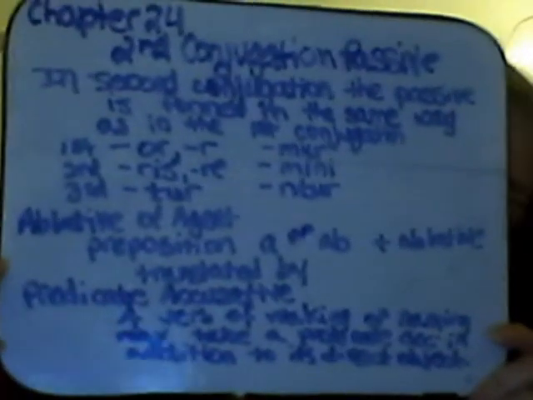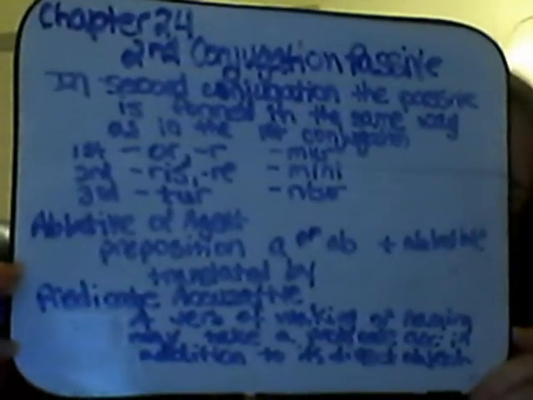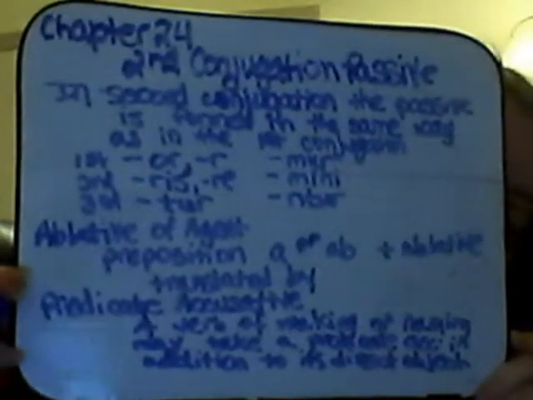Now, how you decide whether to use a or ab is whether the word has a consonant or a vowel. If it has a consonant, use a. If it has a vowel, you use ab.